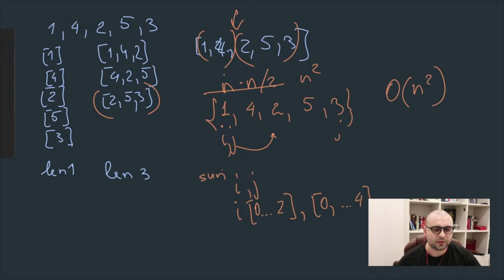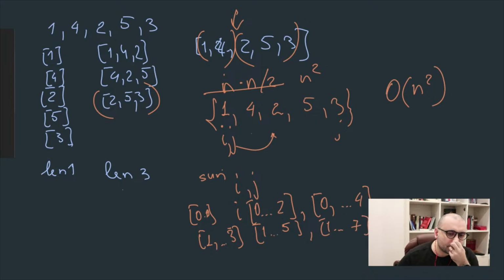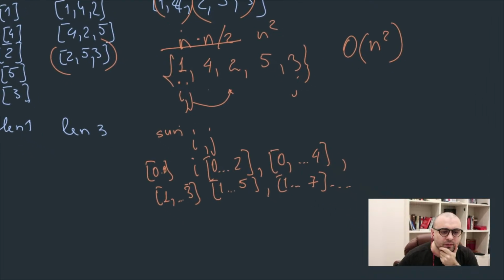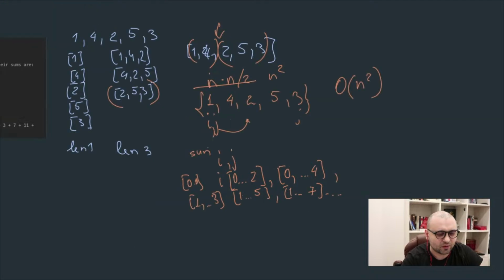Actually, first one will be 0, this size, and then 4, and then we'll have the same with 1s. 1 and 3, and then 1 and 5, and then 1 and 7, and so on. So how many of those will we have? A ton. Yeah, I don't know, guys. That's a difficult problem for me to solve offhand in linear time.